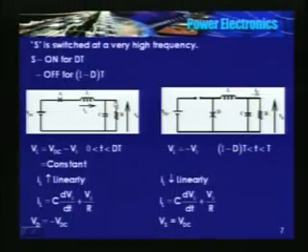So, when does it start charging and when does it stop charging? See the circuit here. Kirchhoff's current law has to hold good. IL should be equal to IC plus I naught.